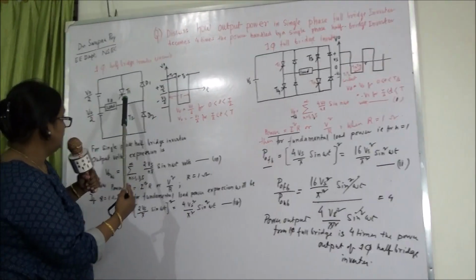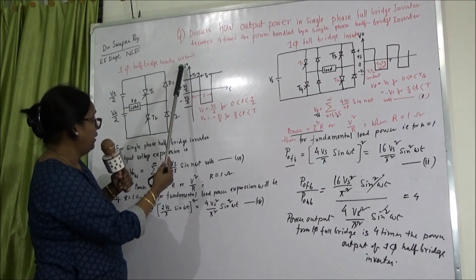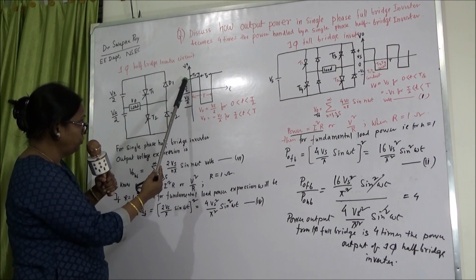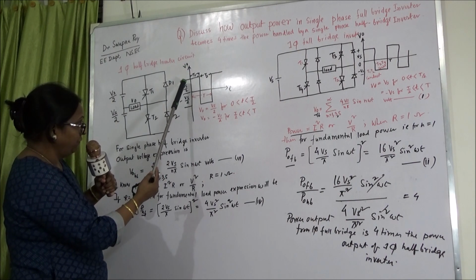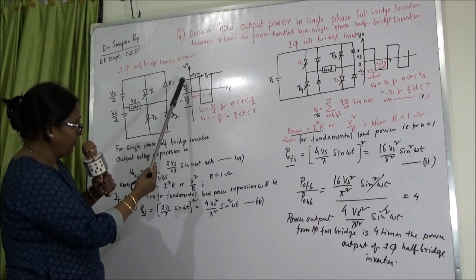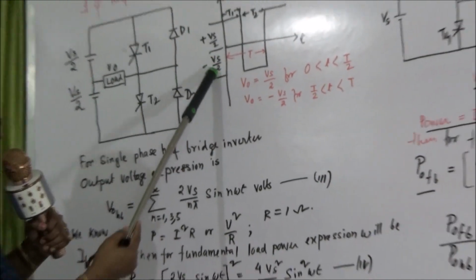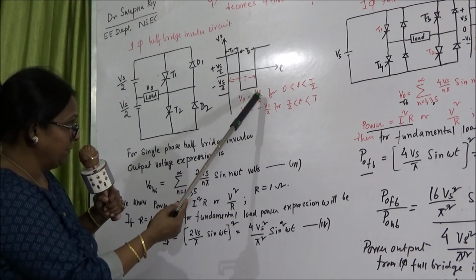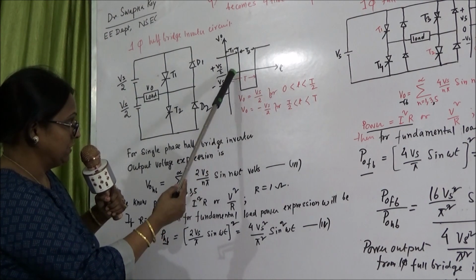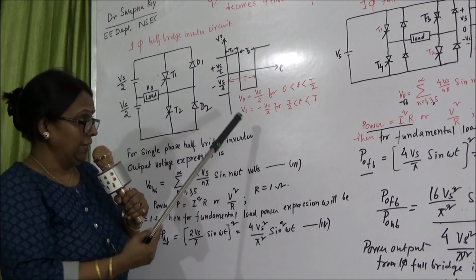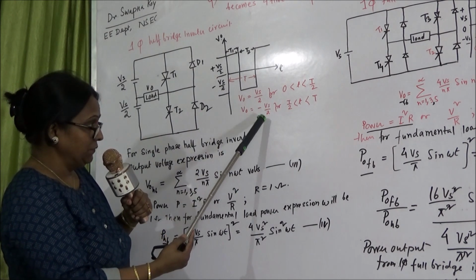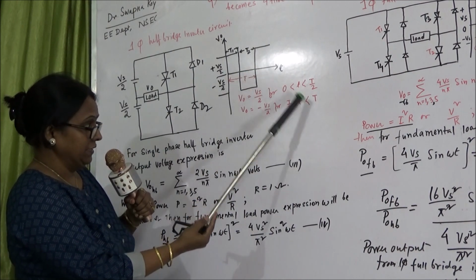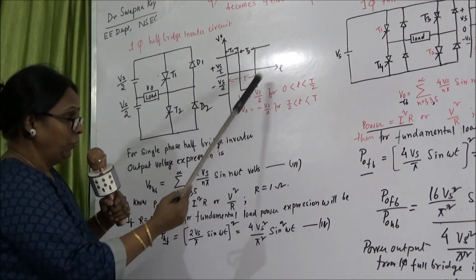Now we are discussing the single phase half bridge inverter circuit. Here we can see the output waveform varies from minus Vs by 2 to plus Vs by 2. That is, the output voltage is Vs by 2 for t from 0 to T by 2, and the output voltage is minus Vs by 2 for t from T by 2 to T. Both are alternating.